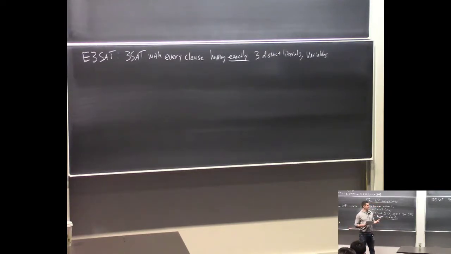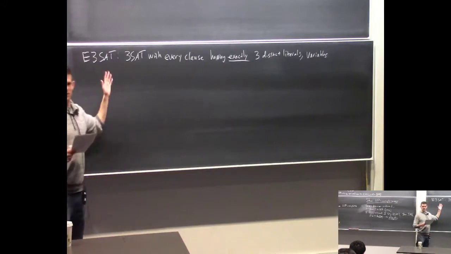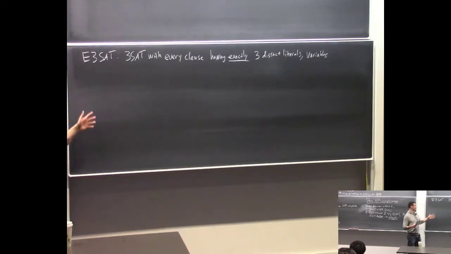We're just being careful because we want to do it technically correctly, but it's not a conceptually important thing. Remark 2, and I'm just going to say this in words: E3-SAT is in NP, of course. 3-SAT is in NP, and E3-SAT is a special case of that. So we did part 1. Great.